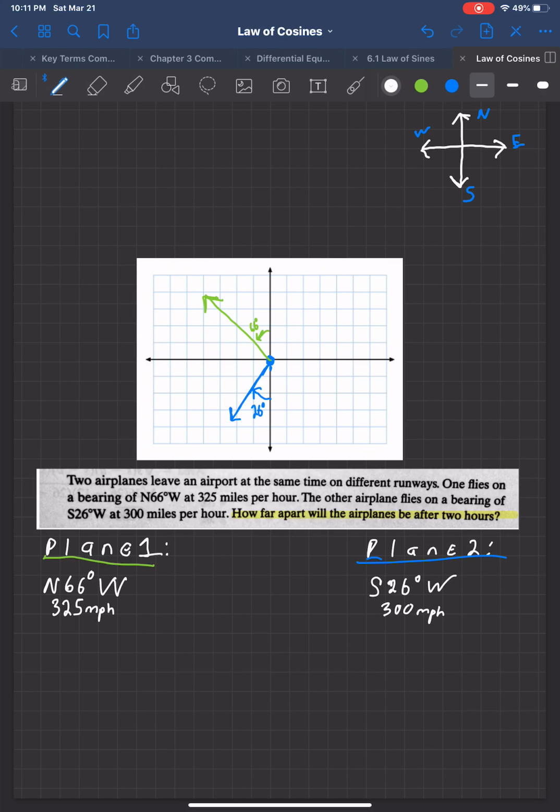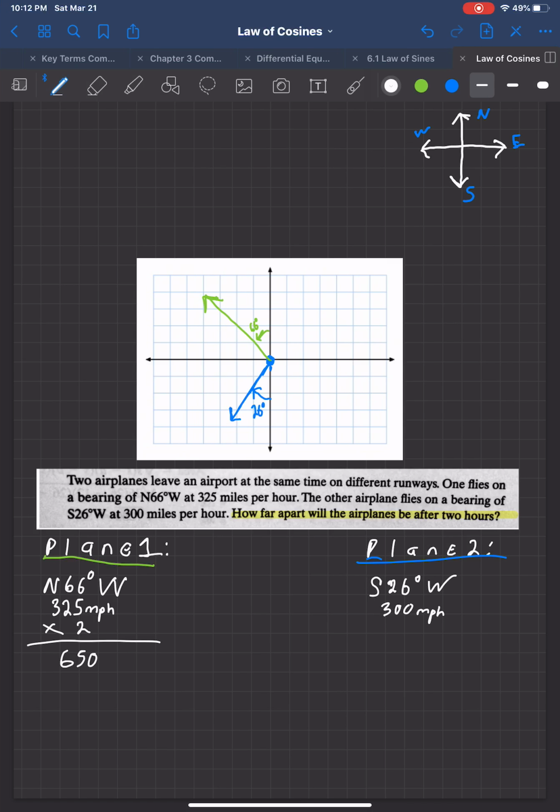Okay, so if we assume that plane 1 is moving at 325 miles per hour for 2 hours, then we can do some quick arithmetic to find out that 325 miles every hour, 2 hours goes by. This plane has traveled 650 miles.